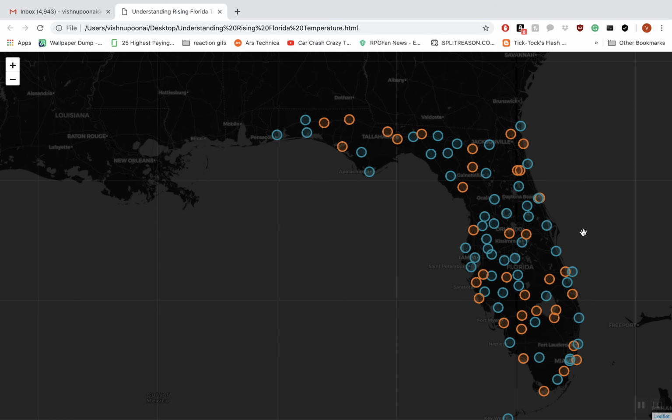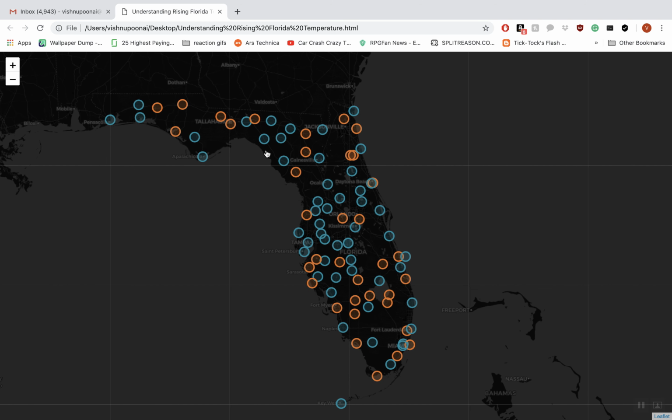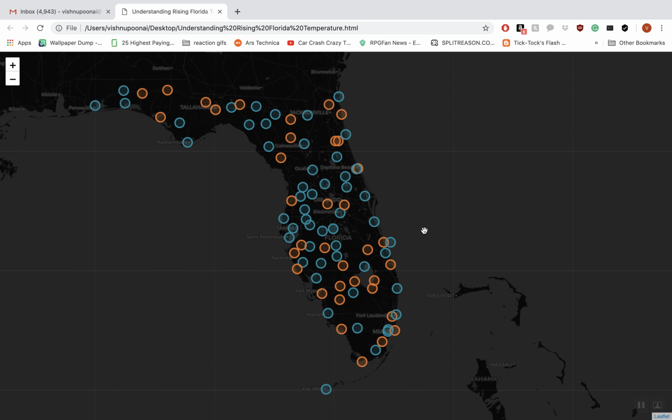Secondly, these dots are different colors. So what we're displaying with the different colors is a very vital measurement of climate change as agreed upon by top climate scientists. It's the comparison of two periods of deviation in temperatures.